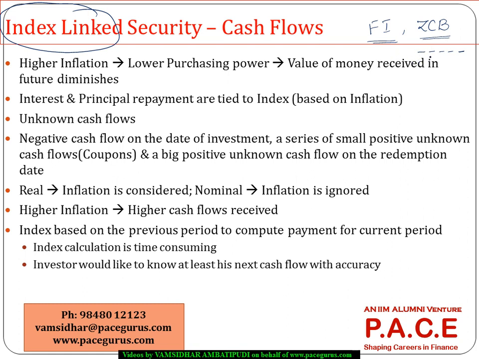Now, the worth of these fixed amounts can be more or less based on inflation existing. If the inflation is very high, these amounts will be worth next to nothing, right?